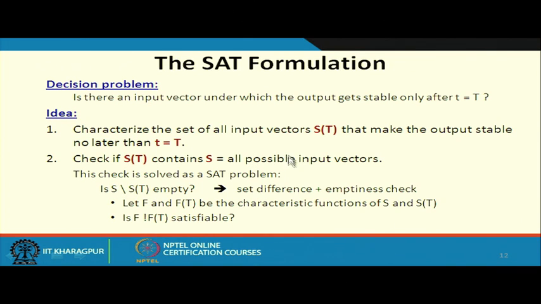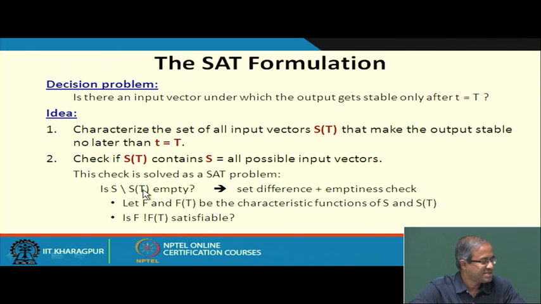For all possible test vectors, you should have this property, that the output should be stable within T. So, if you take the set difference S minus S_T, this set should be empty. So, take the set difference and check for emptiness. If it is not empty, that means there is a problem here, there is a timing violation.